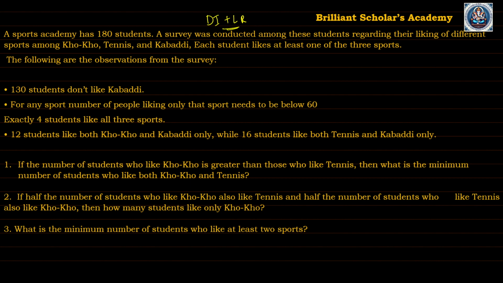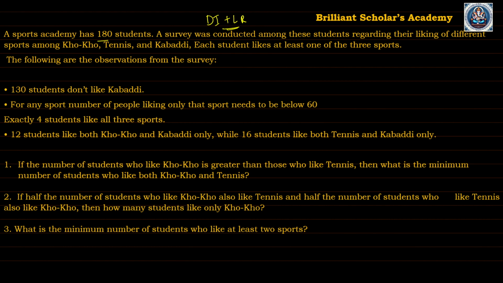A sports academy has 180 students. A survey was conducted among these students regarding their liking of different sports among Kho, tennis, kabaddi. Each student likes at least one of the three sports. The following are the observations from the survey. 130 students did not like kabaddi.